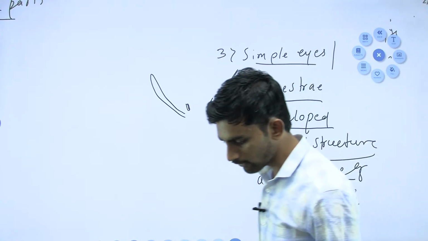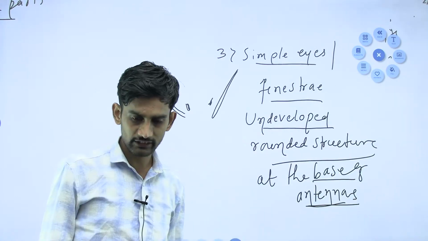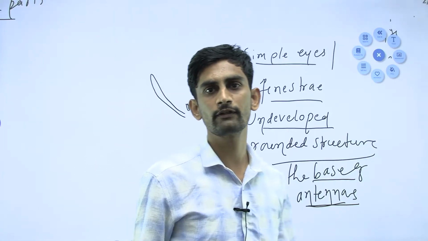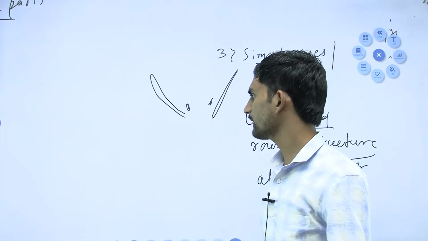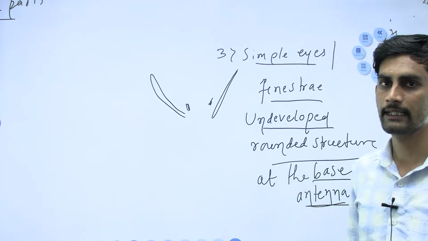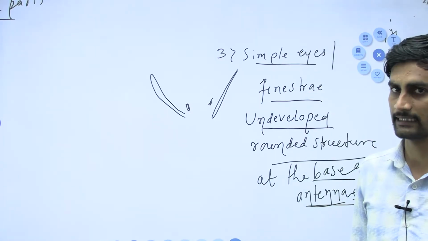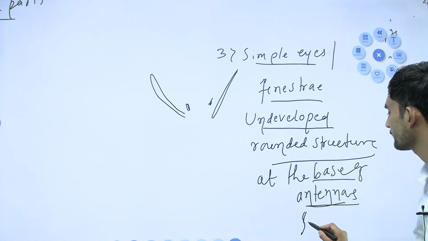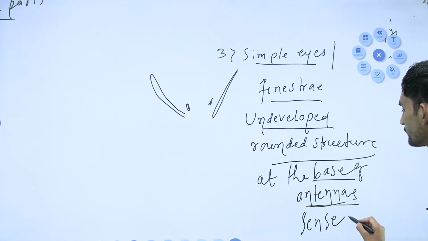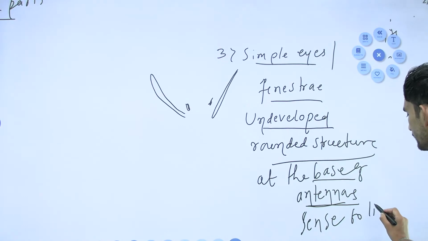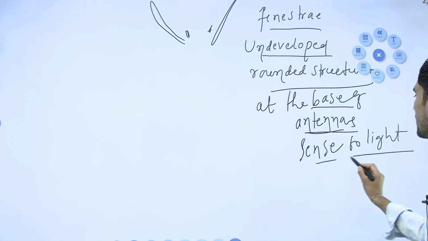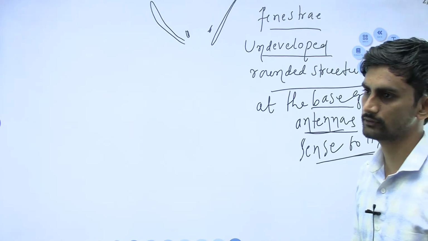Undeveloped means we can also call them vestigial structures. Vestigial means non-functional, in the sense that they will not have any important role in vision. But these structures sense light. One common function is sense of light. Underline this word. What is the main important role of fenestrae or simple eyes? They sense light.